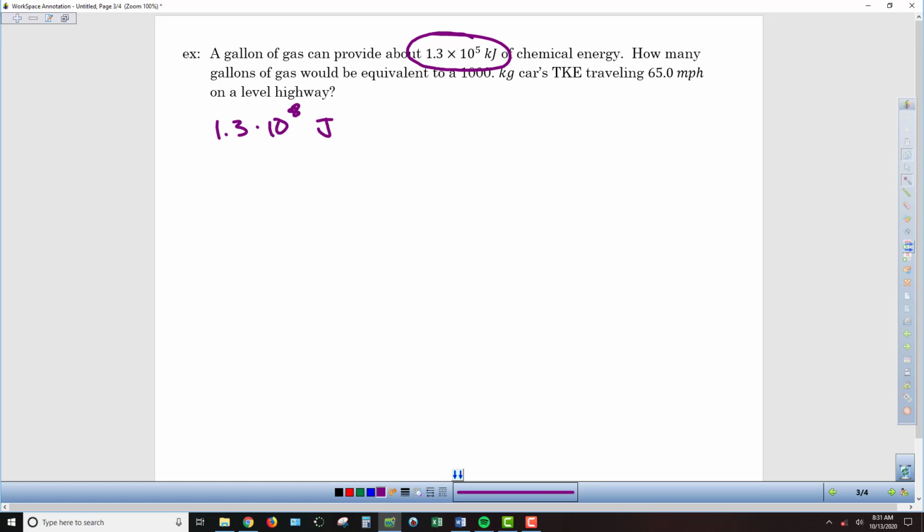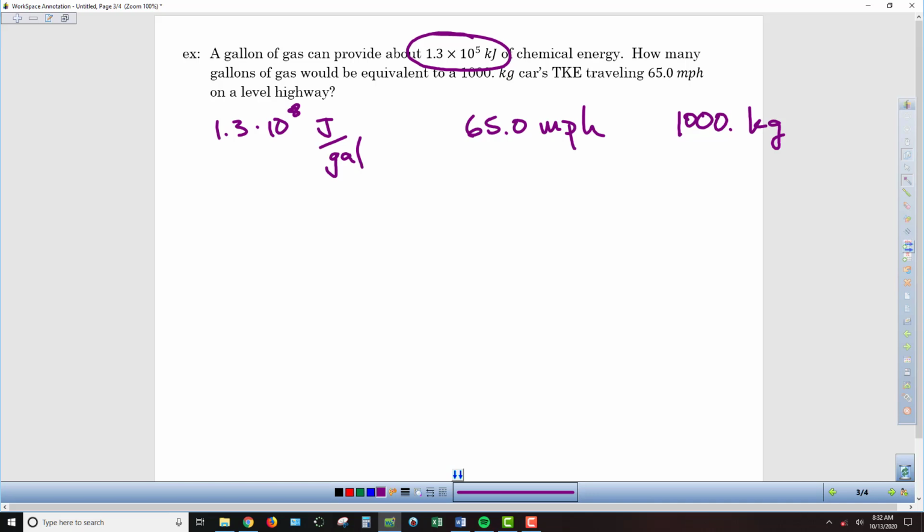We don't have just an equation that we're going to use to solve here. Instead, we're going to have to use a little dimensional analysis to piece things together. Again, we know that we've got this 1.3 times 10 to the 8th joules per gallon of gasoline, and we know that our velocity is 65 miles per hour. Those are really the only two pieces of given information along with the 1,000 kilogram mass of the car.